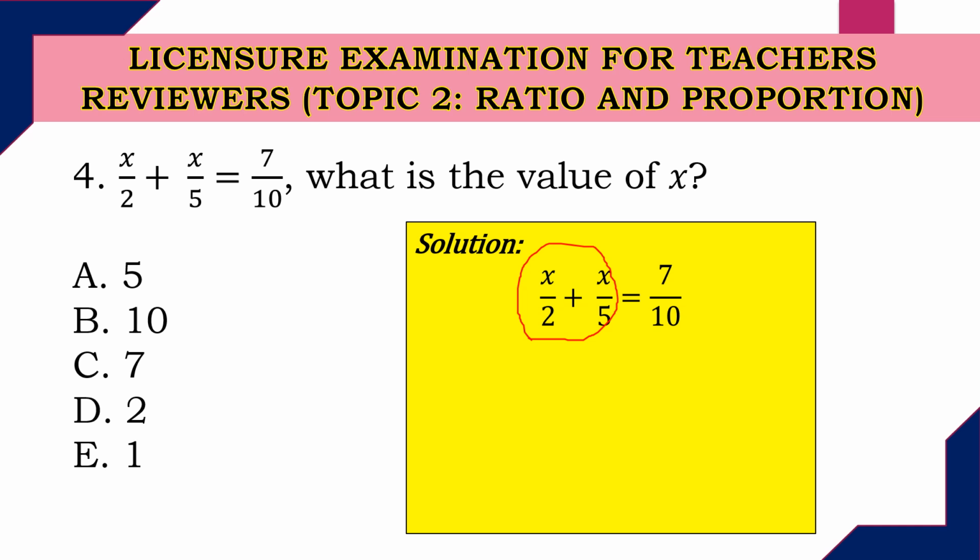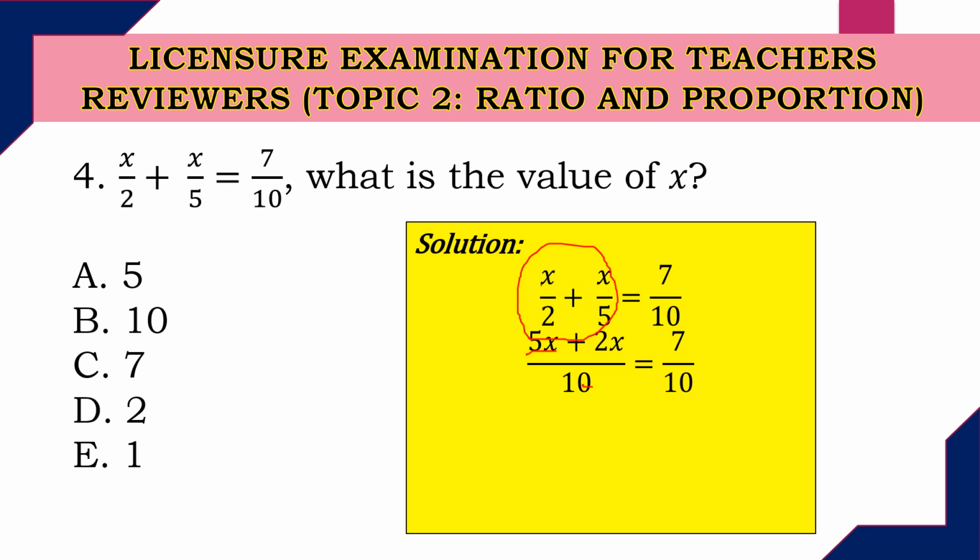And since they have different denominators, hahanapin natin yung LCD ng 2 and 5. And that is 10. Kasi 10 is the least number that can be divided by 2 and 5. Next, 10 divided by 2, that is 5, times x, that is 5x. Kaya nakuha si 5x.